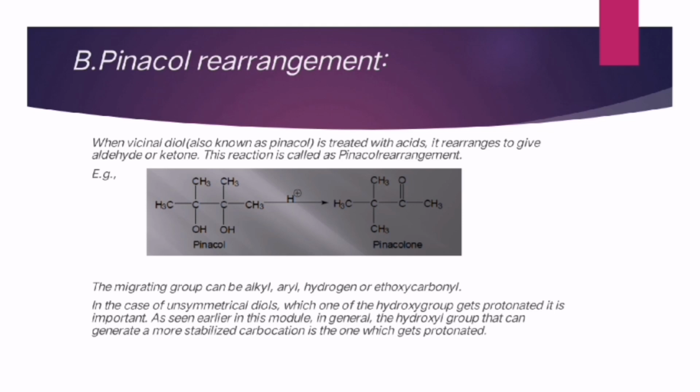So in this rearrangement reaction, in the first place, on reaction with an acid, one alcoholic group accepts that proton and removes itself as a water molecule, and after the water is removed, that leaves the carbon as a carbocation.